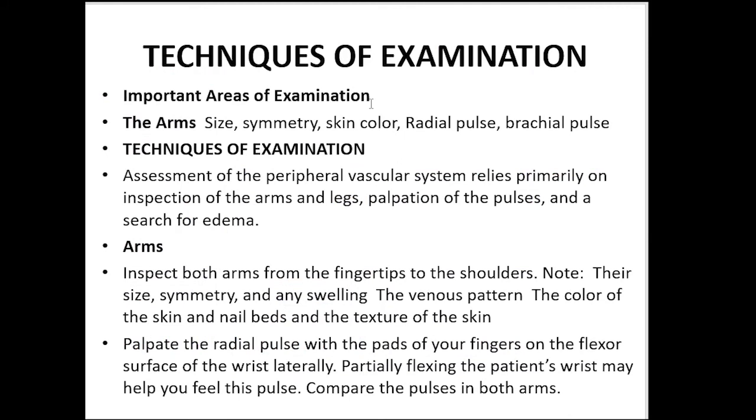So when we're talking about other parts of the body, we have 4 ways of examination. Certainly inspection, palpation, percussion and auscultation. But for checking blood vessel problems, basically we only use 2 ways: inspection and palpation.